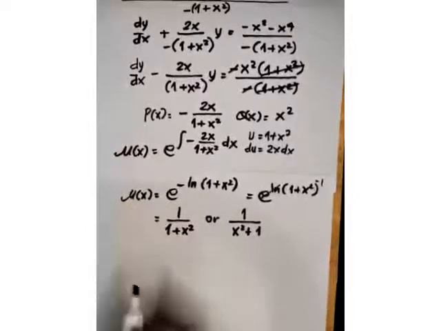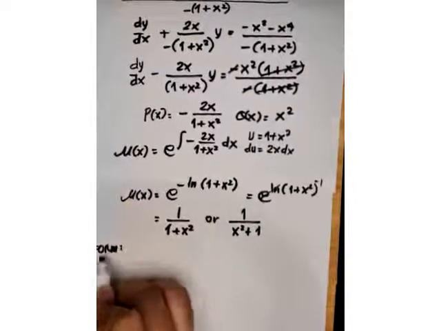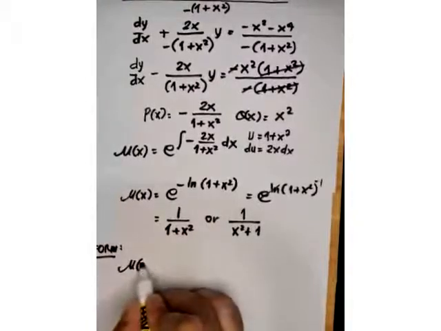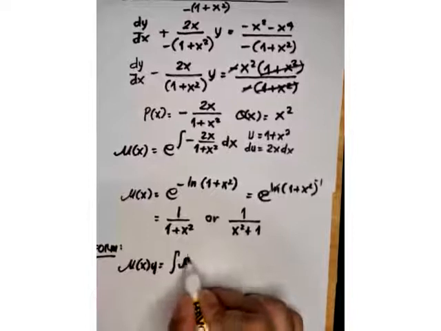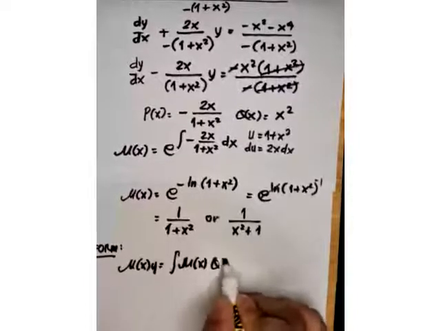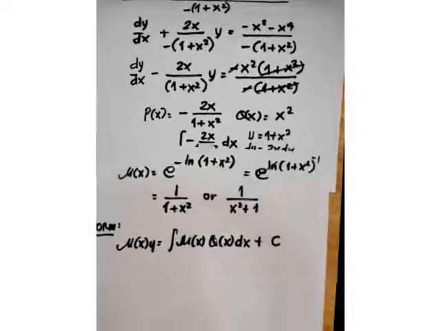Okay, moving on. So therefore, let's apply it to the form. Ang form natin ay mu of x times y is equal to the integral of mu of x times q of x dx plus c.